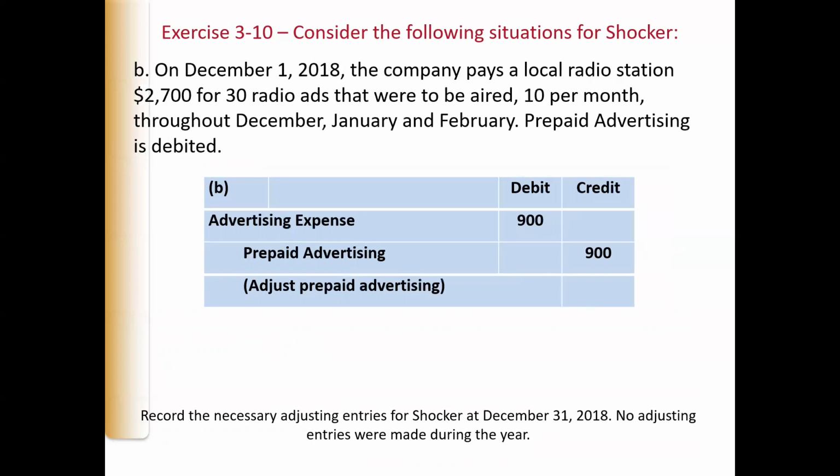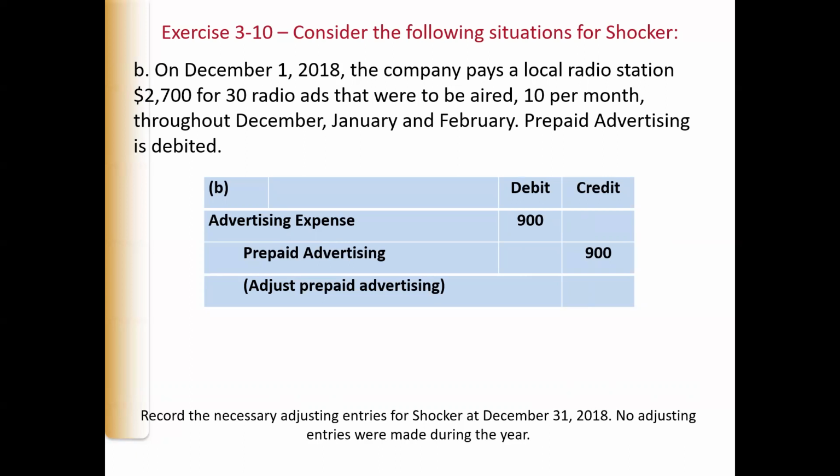Yes? How about this one? On December 1st, 2018, the company pays a local radio station $2,700 for 30 radio ads that are to be aired 10 per month throughout December, January, and February.